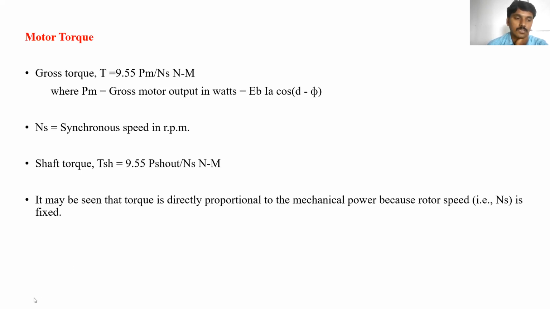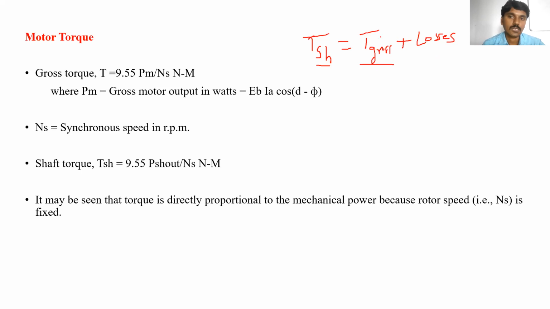The total torque developed is called the gross torque, and the shaft output is gross torque minus losses. Why do we say losses? Because this is the rotating part, and some amount of energy is wasted in bearings, friction and so on.